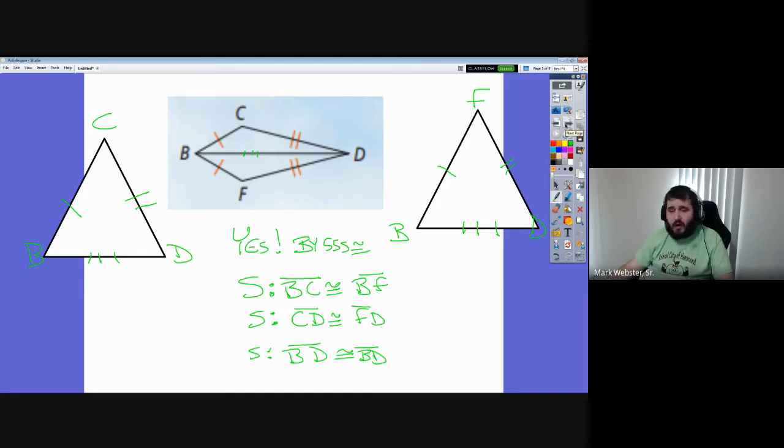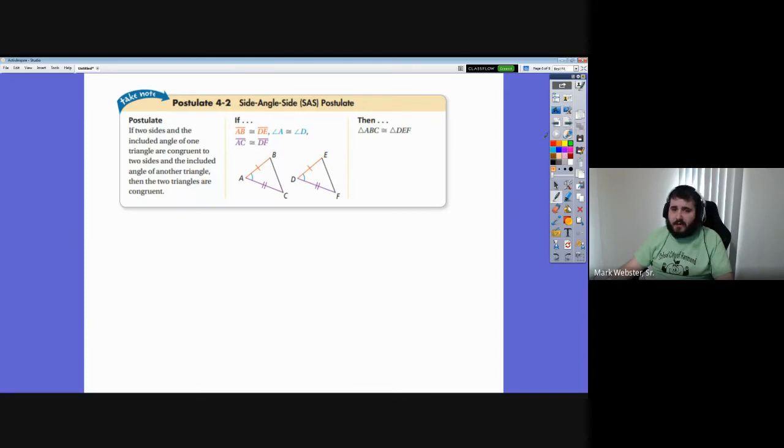Okay, so the other technique that we're looking at today is called side angle side. And basically, now we can get away with two sides as long as we have the angle that's right in between them. Got to be right in between them. So look at how they have it right here. You see the one side and the two side, and then the angle in the middle, the one side and the two side, and then the angle in the middle.